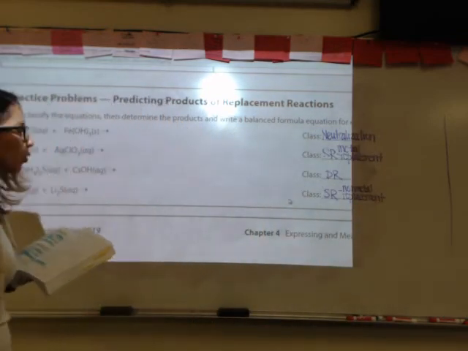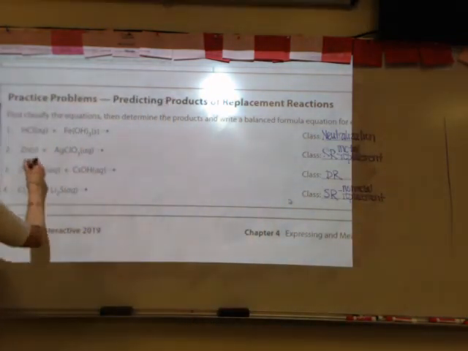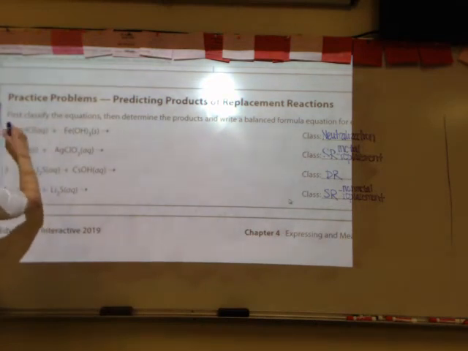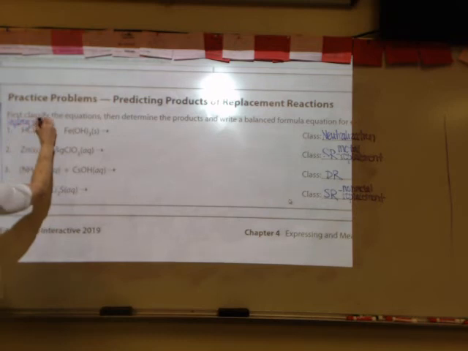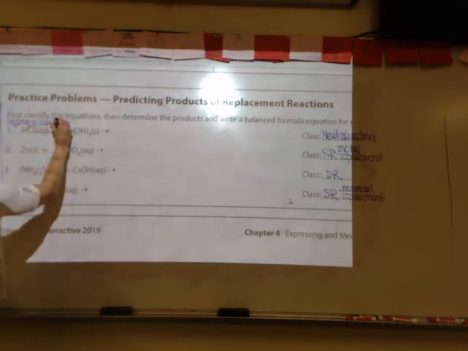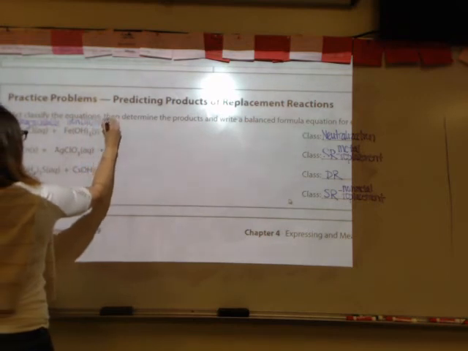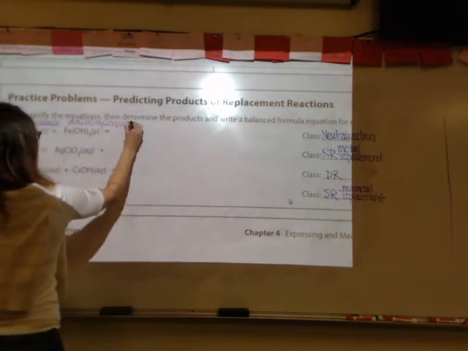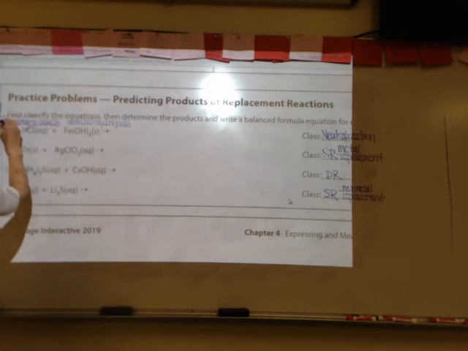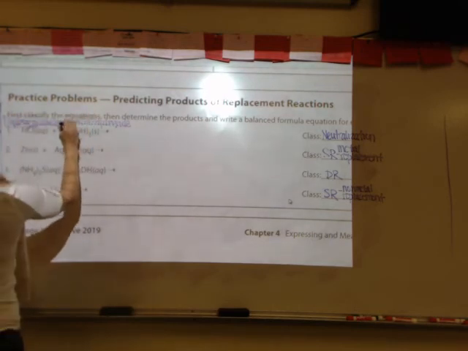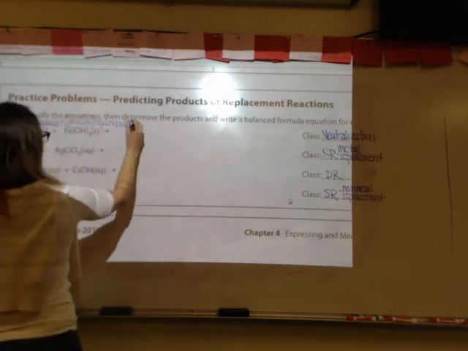Okay, now for number 1, I'm going to write this not as hydrochloric acid, but as hydrogen chloride. And this is combining with iron 3 hydroxide. So the hydrogen and the iron 3 are going to switch places.